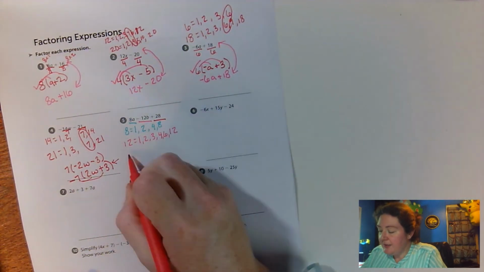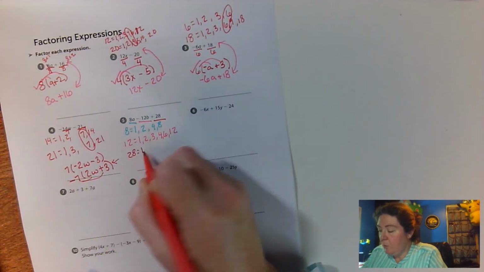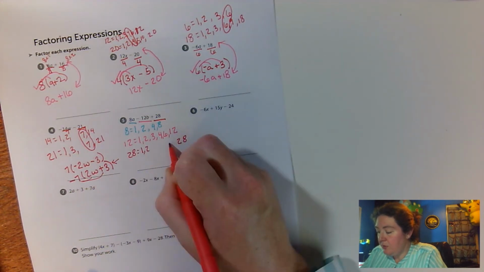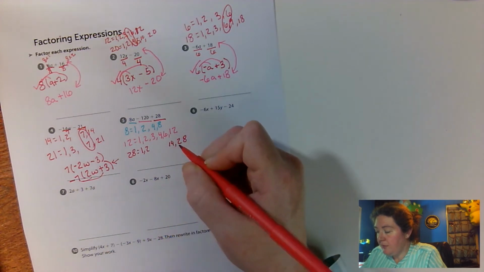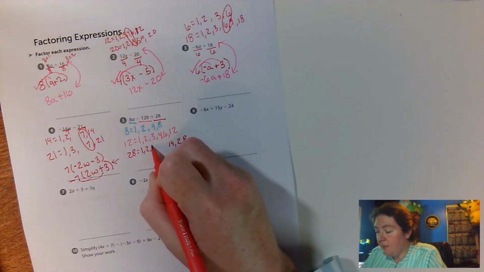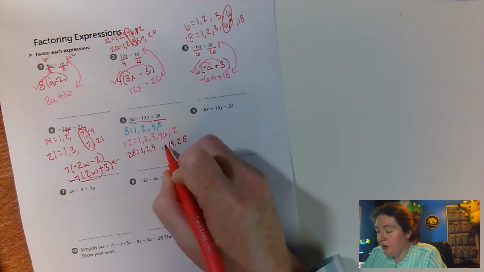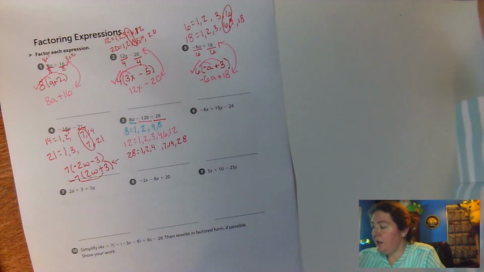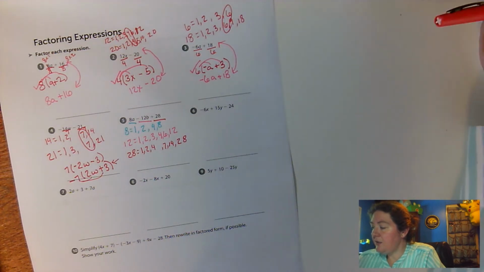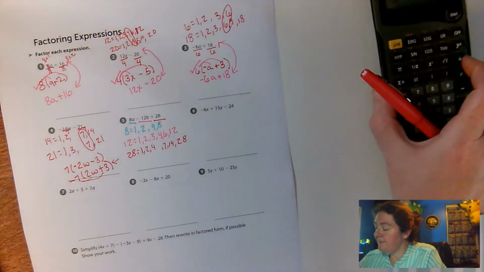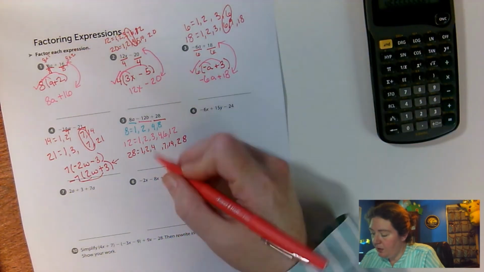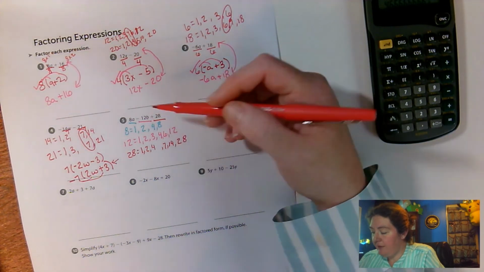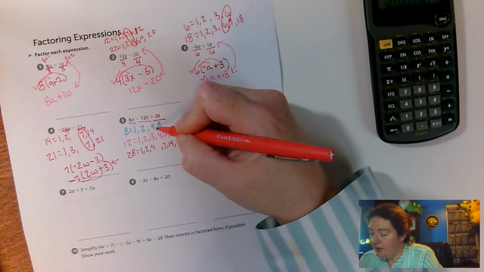For 28, 1, 28, 2, 14, there's no 3, but there's 4 and 7, there's no 5, and 6, is there a 6? No, there's no 6.